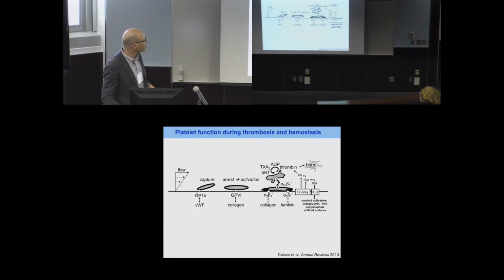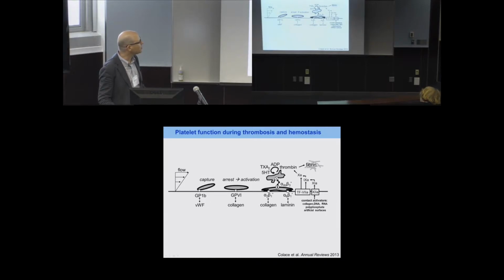So we know under flow conditions, if this is a damaged vessel wall, there's very rapid interactions, rapid, short-lived bonding events between GP1B and von Willebrand factor. Helps bring the platelet, the flowing platelet, and we'll probably see lots of talks in the next few days on platelets. Platelets will then interact with collagen, and this drives very strong signaling to activate integrins.